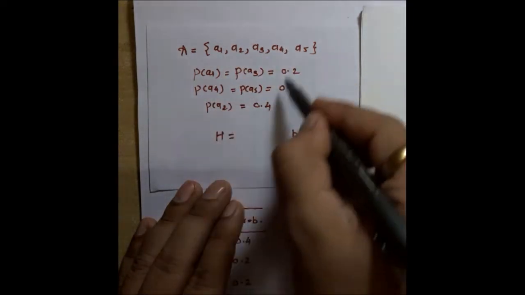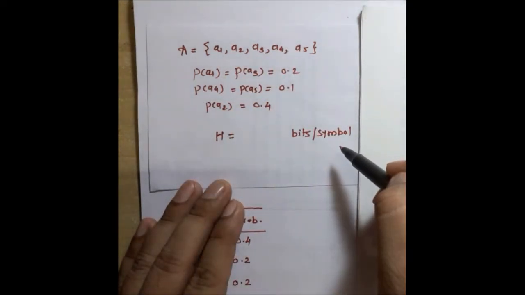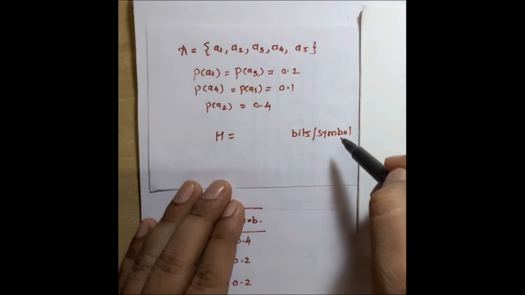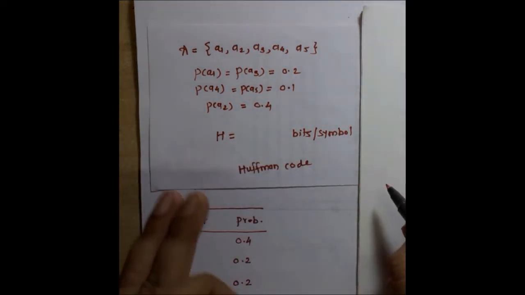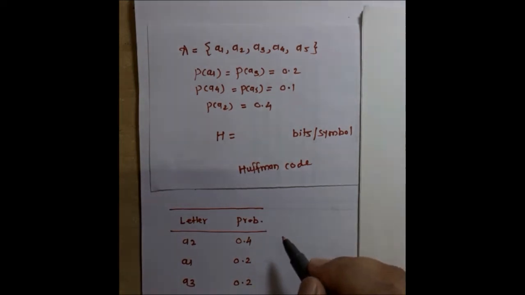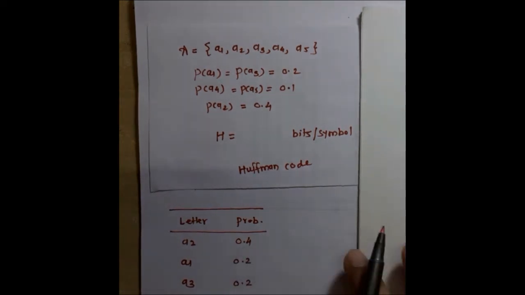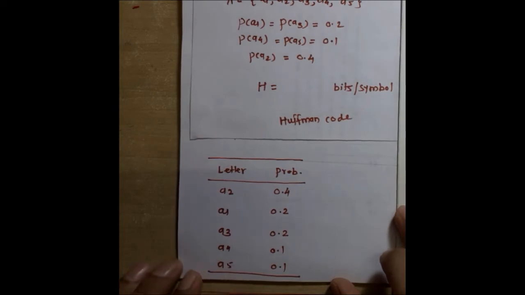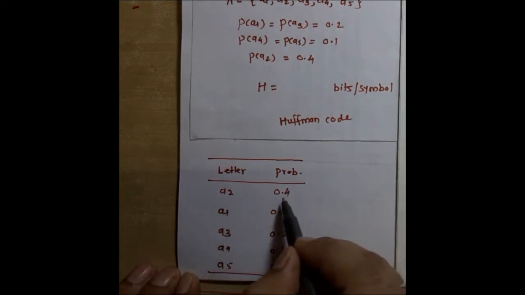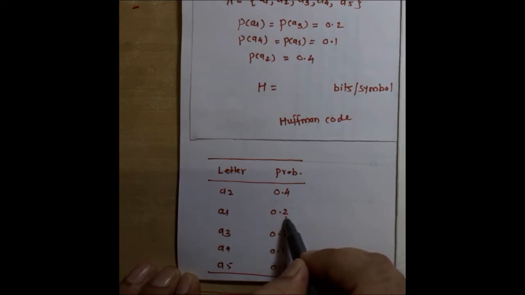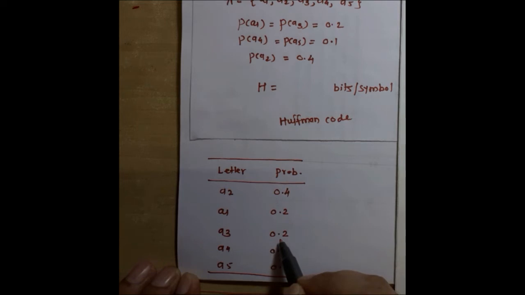With the help of this, we are going to solve the problem using the Huffman code. The first step is to arrange all the probabilities in descending order. So A2 is 0.4, then A1 is 0.2, A3 is 0.2, A4 is 0.1 and A5 is 0.1.